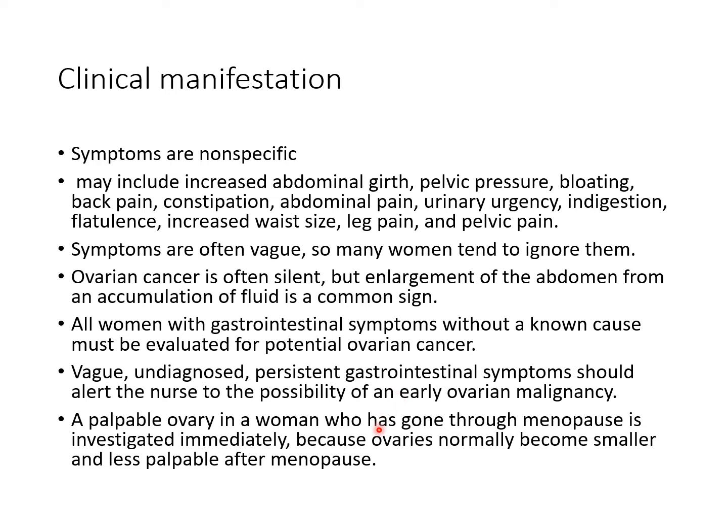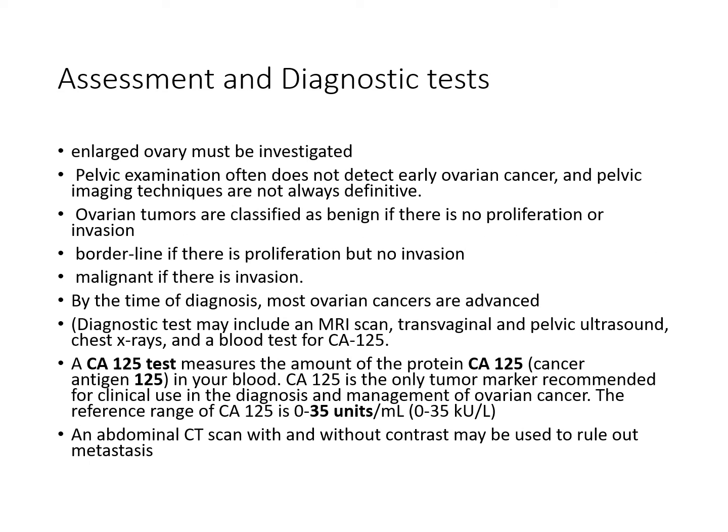This last bullet is important as well: a palpable ovary in a woman who has gone through menopause needs to be investigated right away, because apparently the ovaries normally get really small and are less palpable after menopause. An enlarged ovary needs to be investigated. You're going to be doing things like pelvic examinations, even though they're not definitive in any way, because you want to detect ovarian cancer as early as you possibly can.